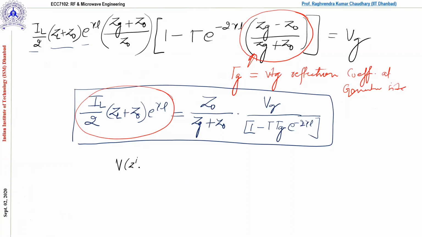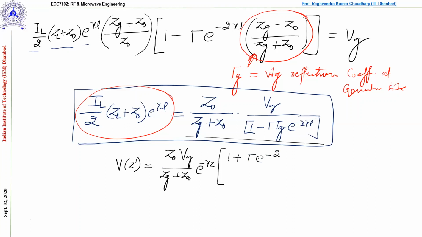V(z dash) is equal to Z naught, just replacing this term with this whole term in the previous equation, VG over (ZG plus Z naught) e to the power gamma z dash, in bracket 1 plus gamma e to the power minus 2 gamma z dash divided by 1 minus gamma e to the power minus 2 gamma L.